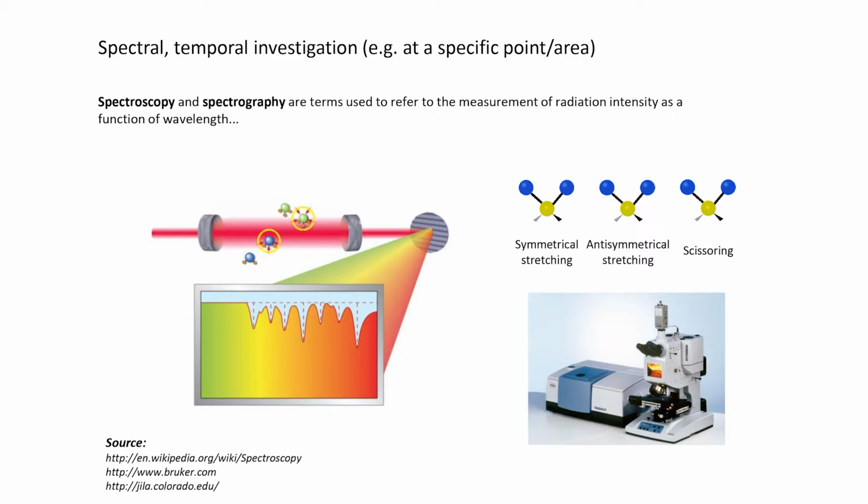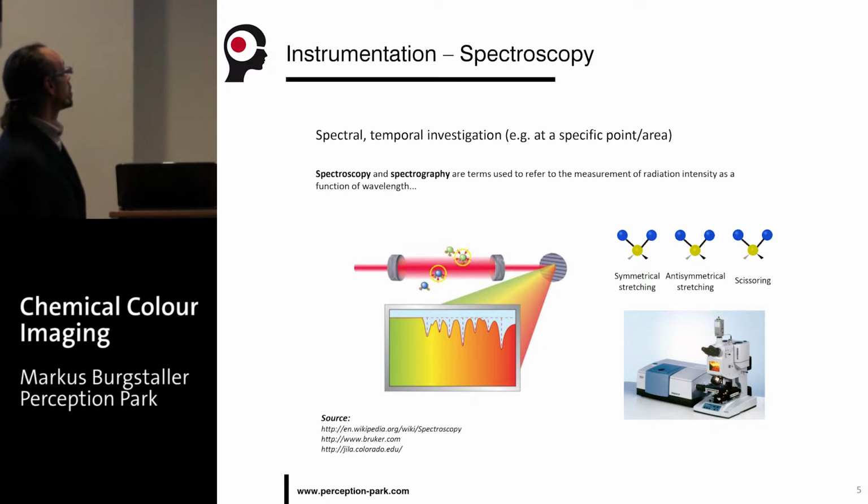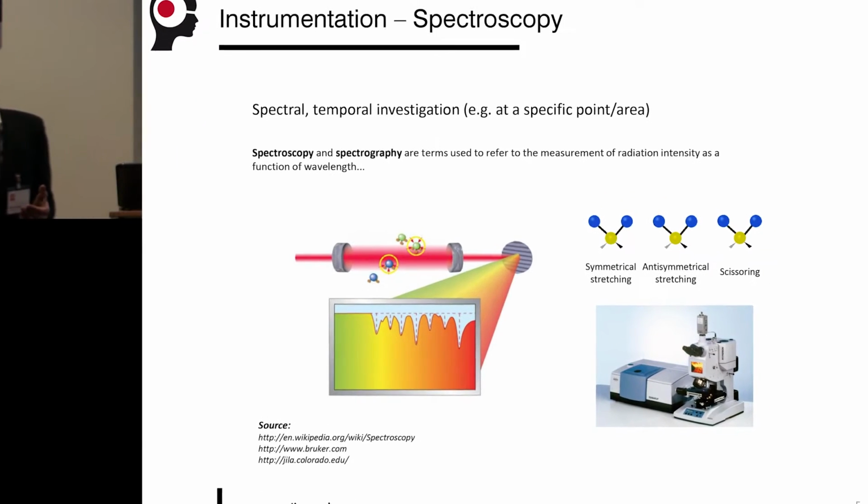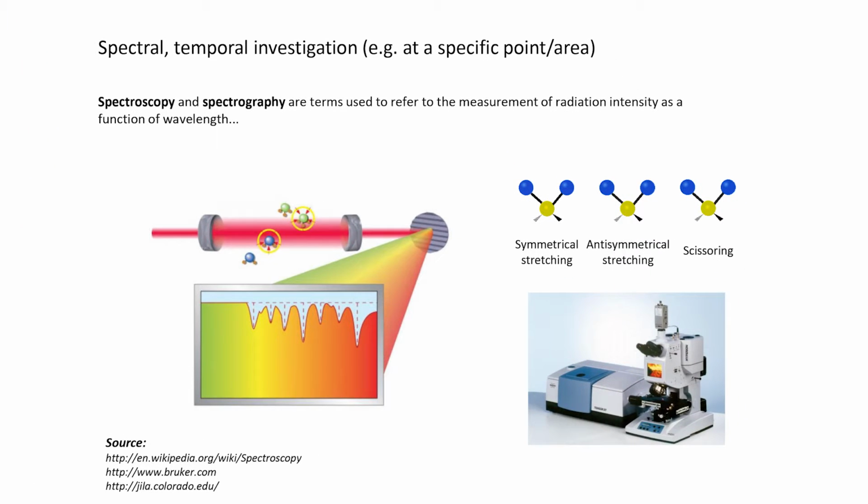Some words on spectroscopy. When we talk about spectroscopy, we talk about the measurement of radiation intensity as a function of wavelength. Think, for example, of a red object and a green object.